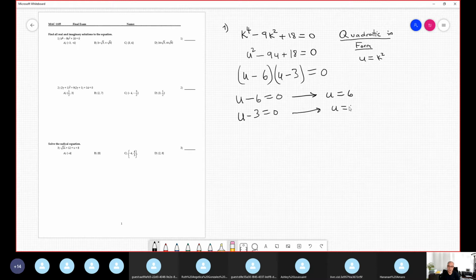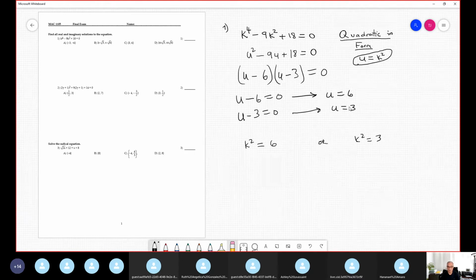Therefore, u is 6 or 3. But this is not the answer because this is the u value. I need the k value, which is the original variable. But we almost finished because I know the relationship connecting this variable, which is this. Therefore, this is equivalent to say that k squared is equal to 6 or 3.